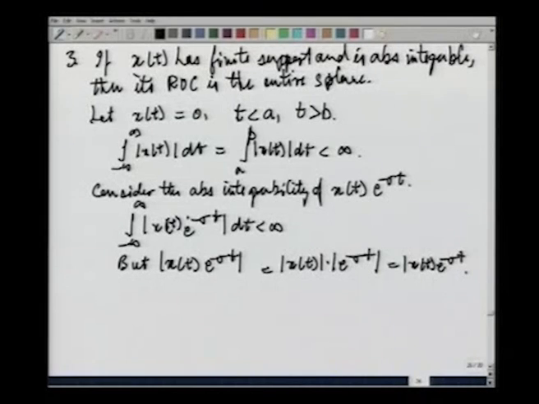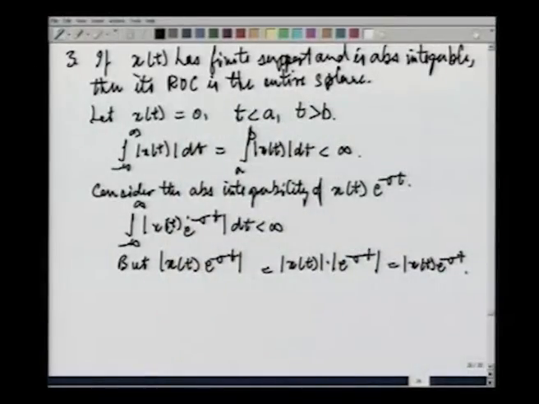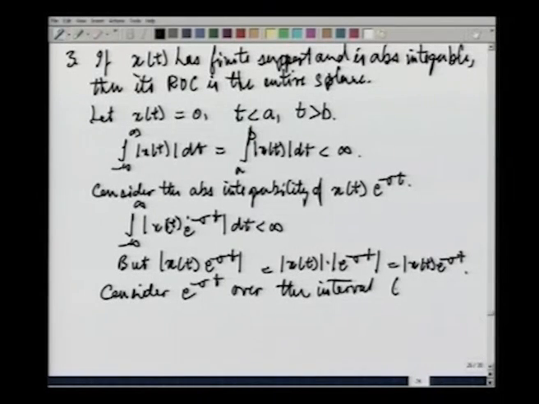Fine. And this function, if you look at it and compare it with the area integral of the original function, then you find the following. Consider e to the minus sigma t over the interval a b.